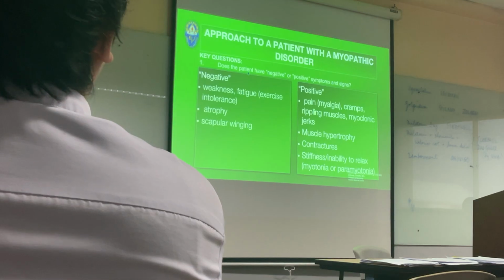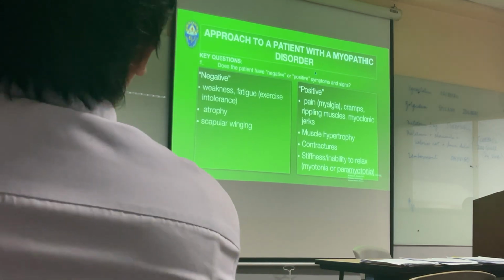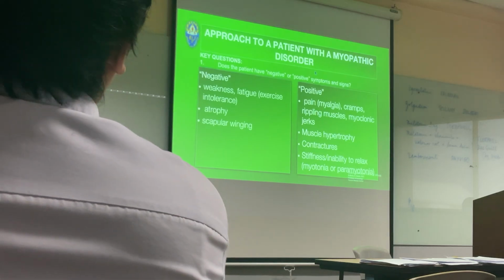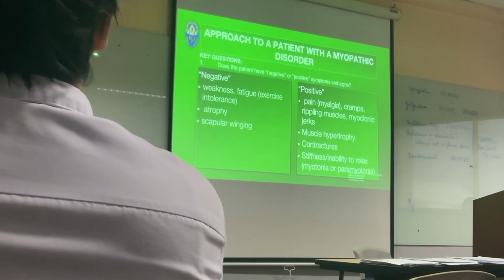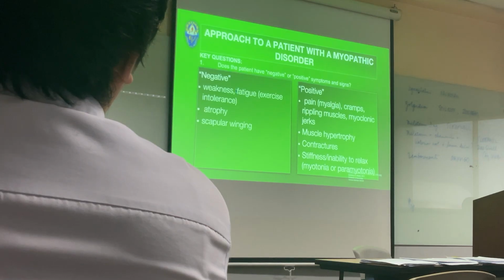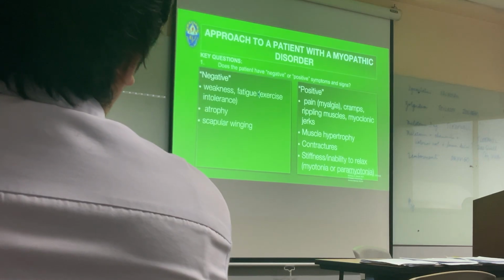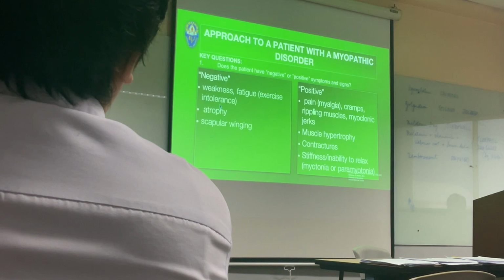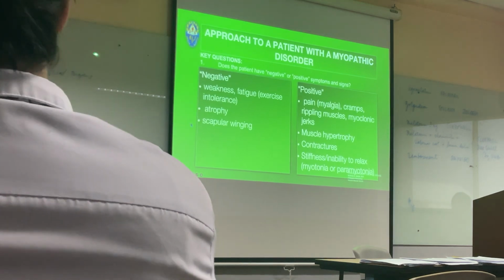So, does the patient have negative or positive symptoms and signs? What are the negative symptoms related to myopathy? Loss of function, particularly weakness or fatigue, atrophy of the muscles, or scapular winging.